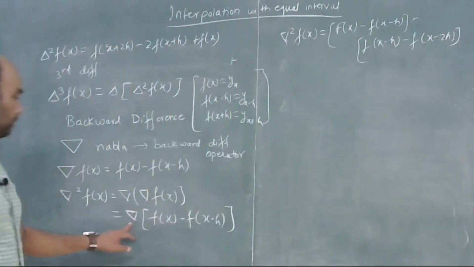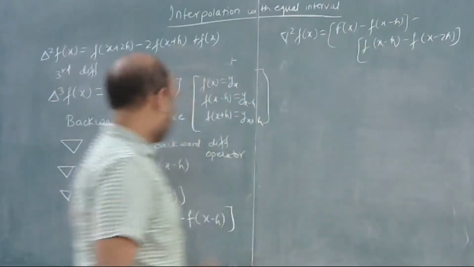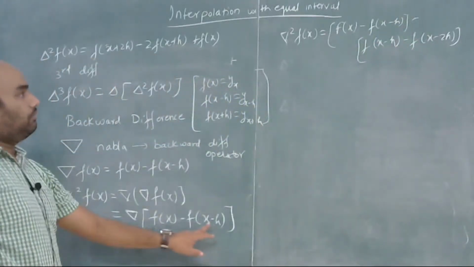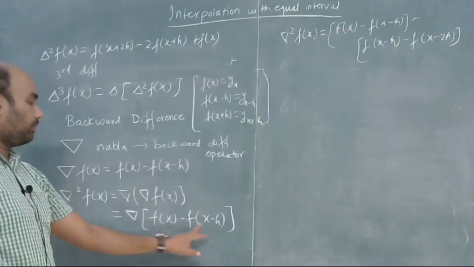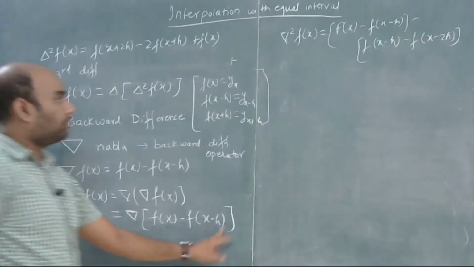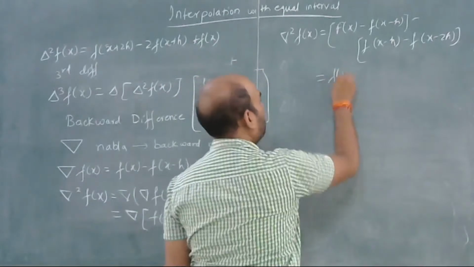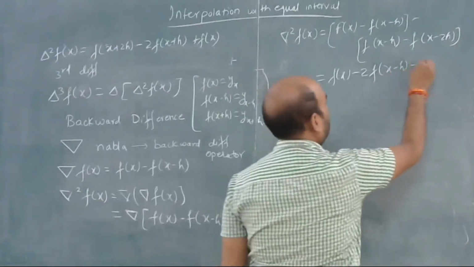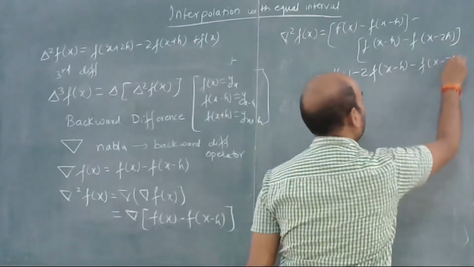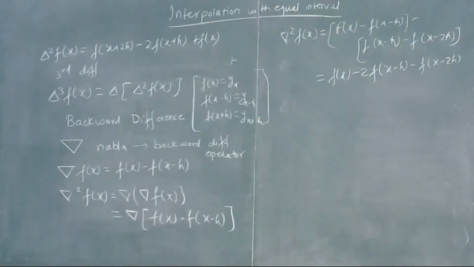The backward operator on f of x gives you f of x minus h, and if we operate the backward operator on this again, we get f of x minus 2h. So you will get f of x minus 2 f of x minus h plus f of x minus 2h, and you can find the value of del square f of x.